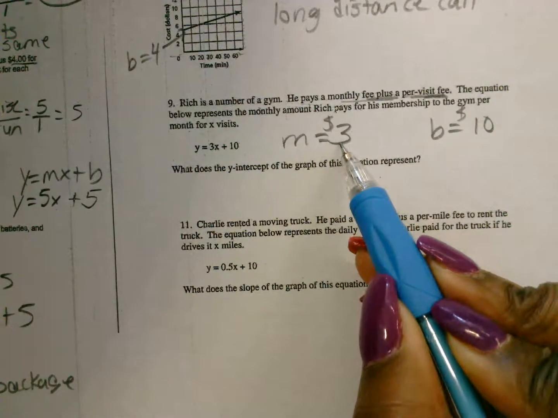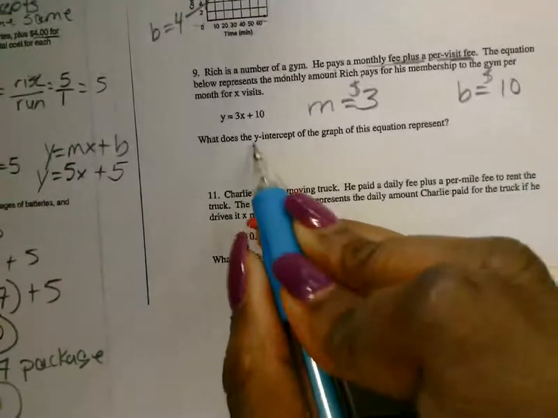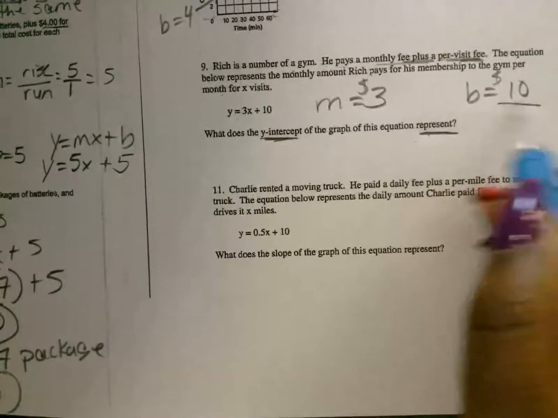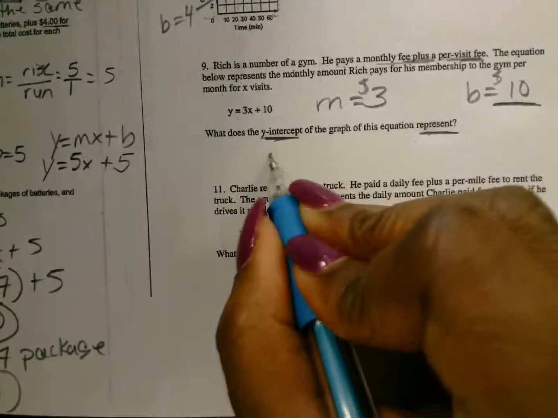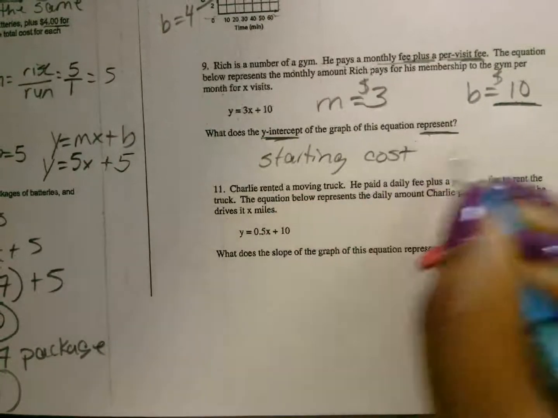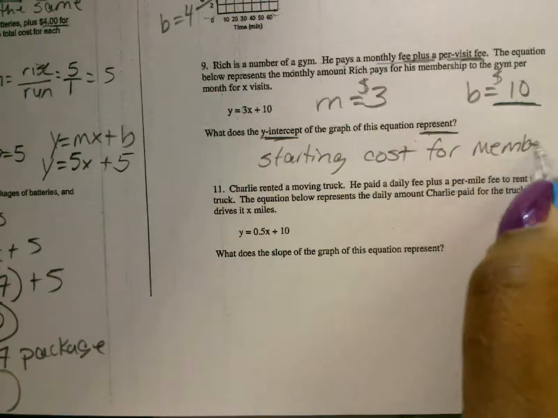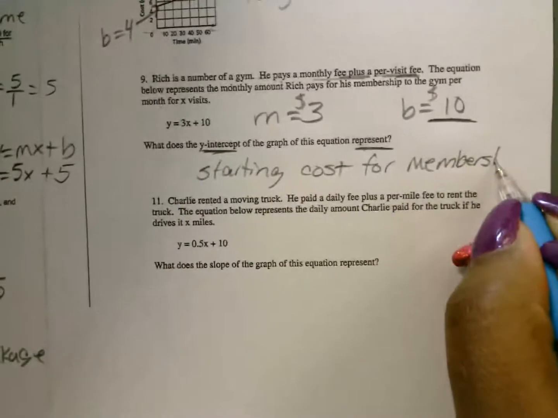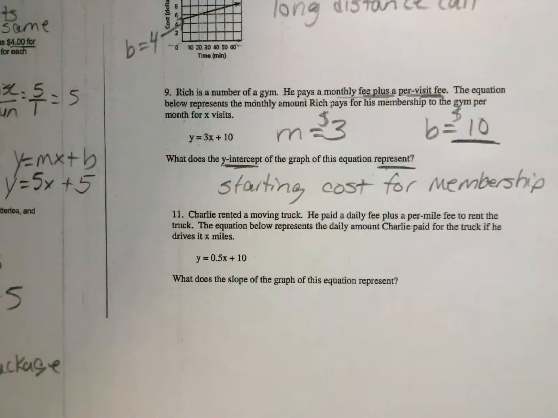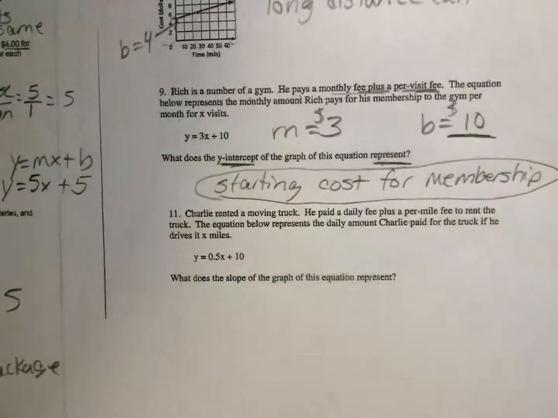That's the slope. And the starting amount is $10. Okay, what does the y-intercept represent? The y-intercept represents the starting cost for membership. If they ask what that amount is, the amount is going to be $10. That's the answer.